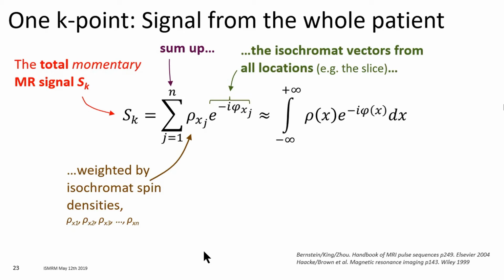What's the spin density at this particular point in the body? Now, the mathematics of this equation, the form of this expression, tells us that the signal is the Fourier transform of the spin density in the sample, and therefore this is called the one-dimensional imaging equation.